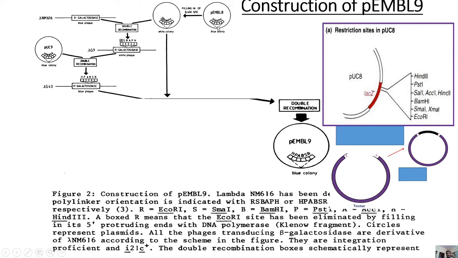For the construction of pMBL9, what we have to do is cut open the vector with the EcoRI restriction enzyme. See this R here in the vector; this is the EcoRI site, and the EcoRI restriction enzyme cuts here.